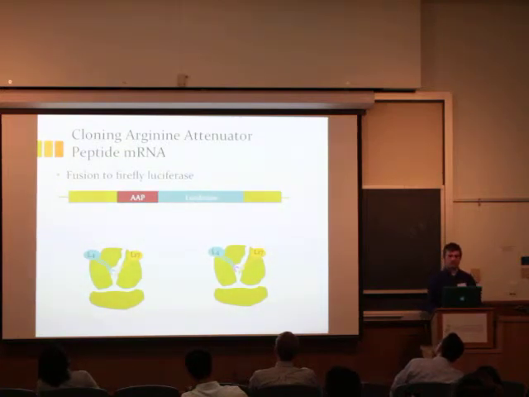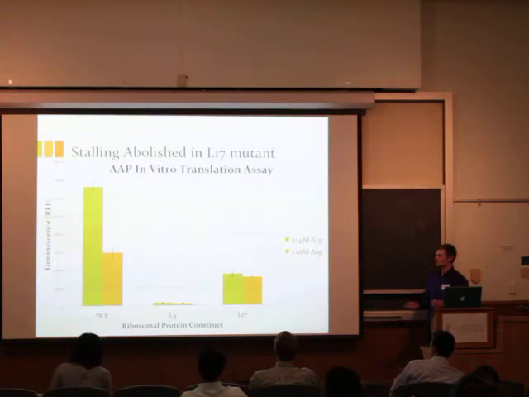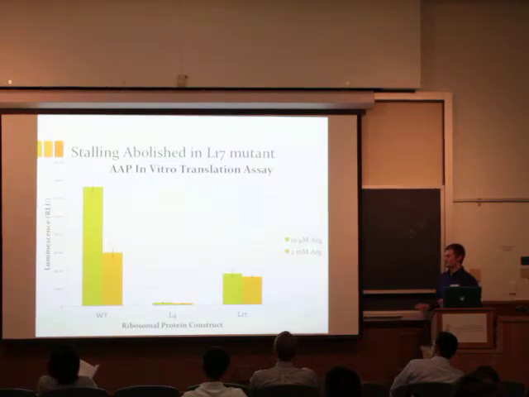So the ideal thing we'd see is if we increase the arginine concentration sufficiently, then expression should decrease because of stalling, which is what happened in our wild type. So that was the control, the positive control. It worked. L4, because the ribosomes were less efficient and the mRNA was less efficient, it wasn't enough, but we got L17 data so far.